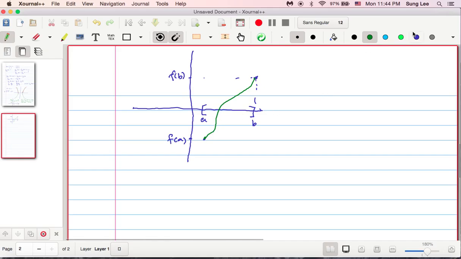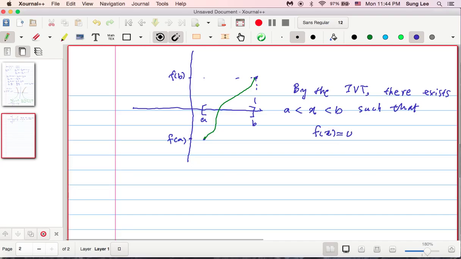So in this case, by the intermediate value theorem, we see that there exists x between a and b such that f of x equals 0.